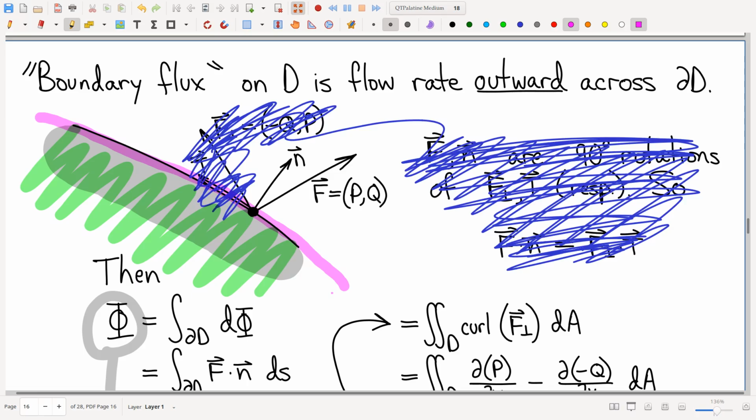So here is the norm. When you're talking about flux, boundaries are oriented outward, in the sense of away from where the region is and into where the region isn't. This is the standard convention for what we mean by boundary orientation.